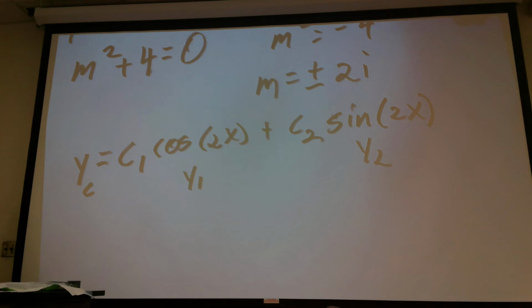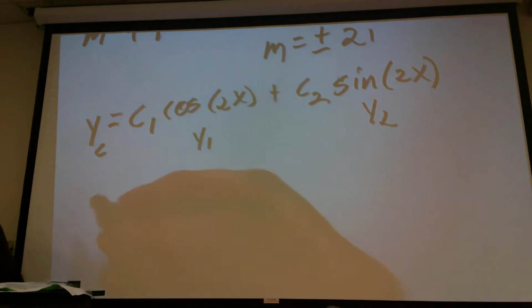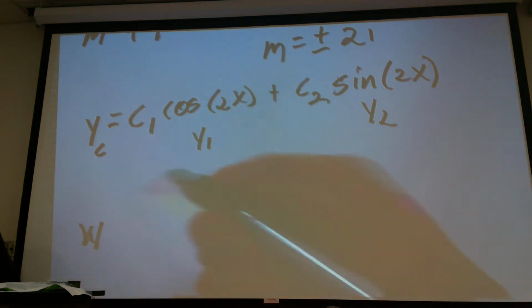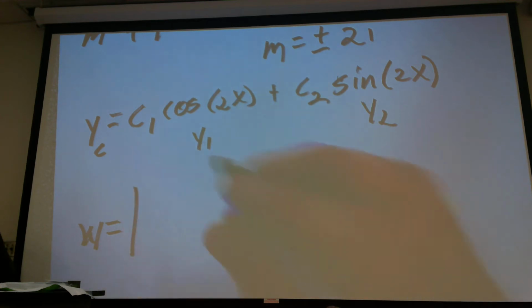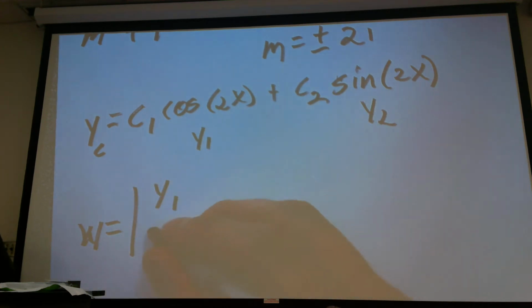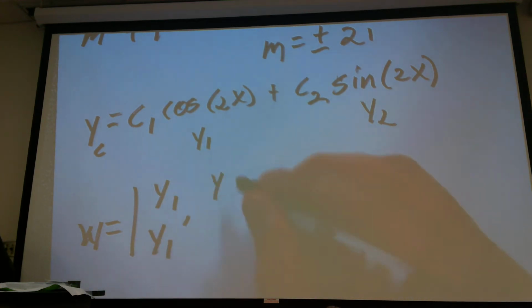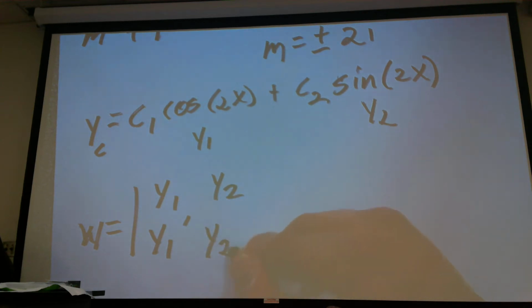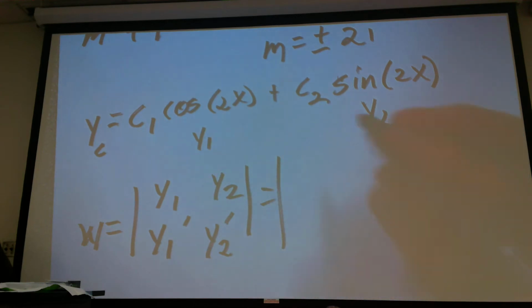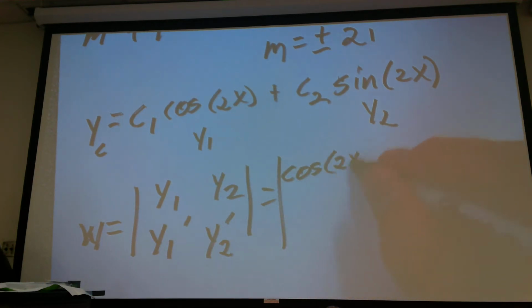And now remember that W is going to equal the determinant of y1, y1 prime, y2, y2 prime. All right, so y1 is cosine of 2x, y2 is sine of 2x.